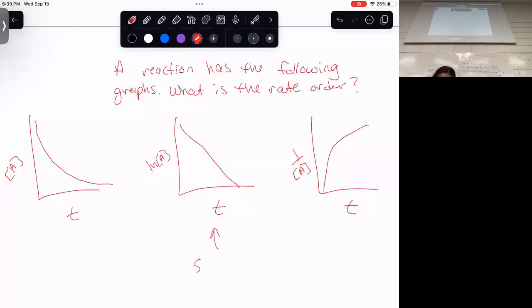So we get a straight line plot for ln concentration versus time. And that's what's going to tell you that it's first order. If it was a straight line for the concentration over time, then it would be 0th order. If it was 1 over concentration versus time as a straight line, then it would be second order.